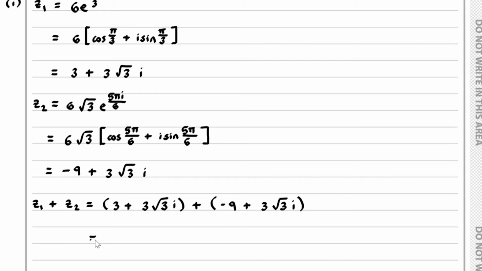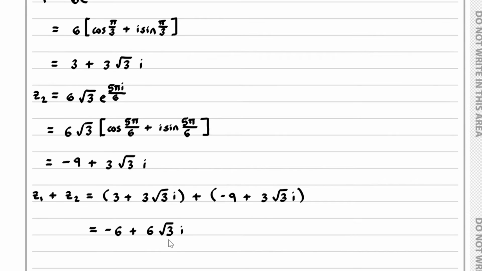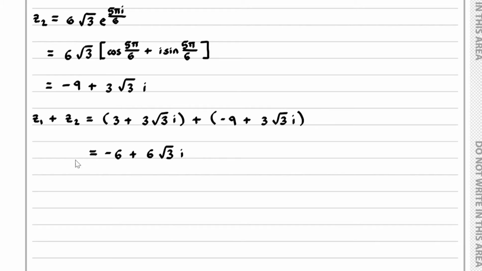And so therefore z1 plus z2 is equal to minus 6 plus 6 root 3 i. What we can now do is find the modulus of z1 plus z2 and the argument of z1 plus z2.